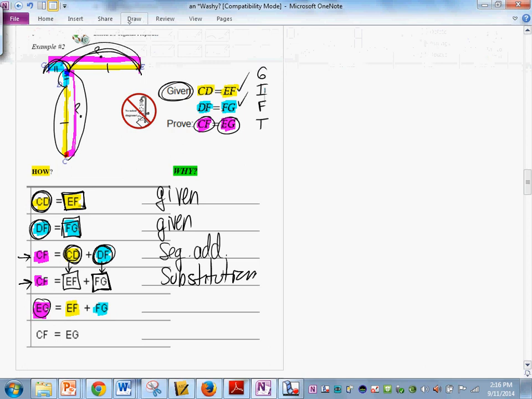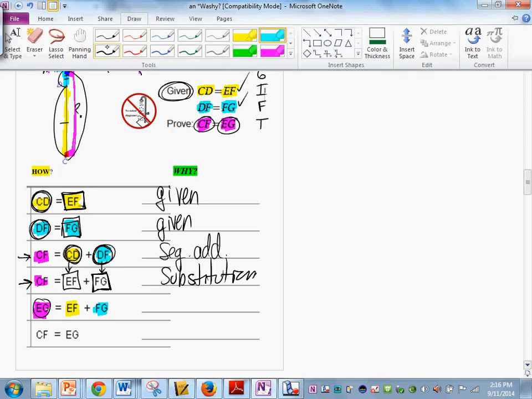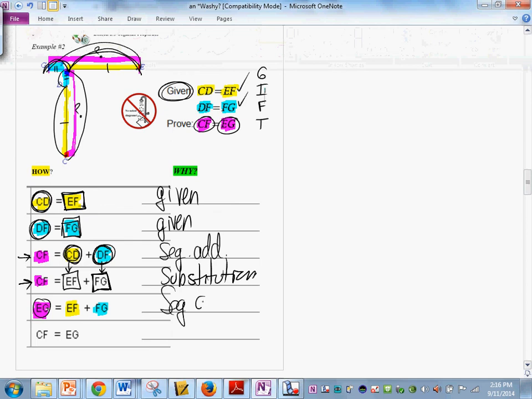We know that because of segment addition. Little pieces add up to big pieces. And we said that because somehow we needed to get EG out of the fridge and on the counter.